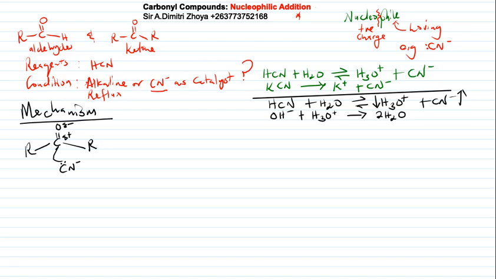This reaction is slow. That's our rate determining step. This is because it involves bond breaking, and bond breaking is endothermic. So we are going to have the intermediate.